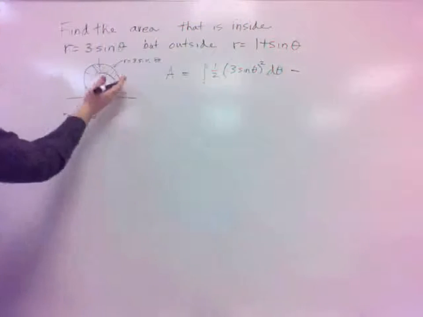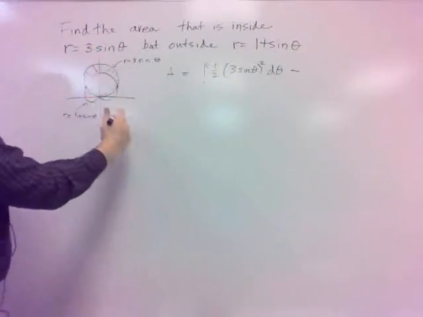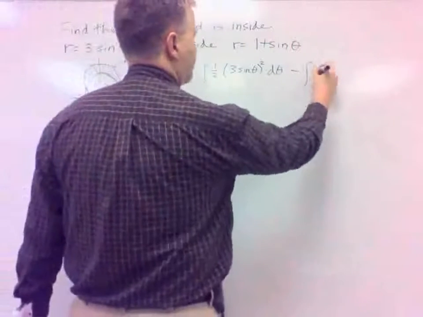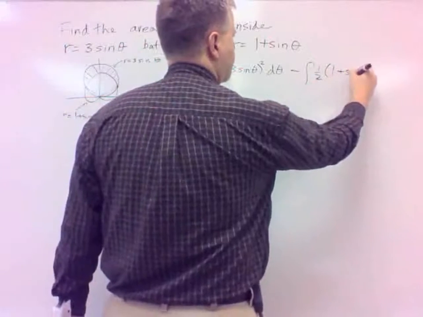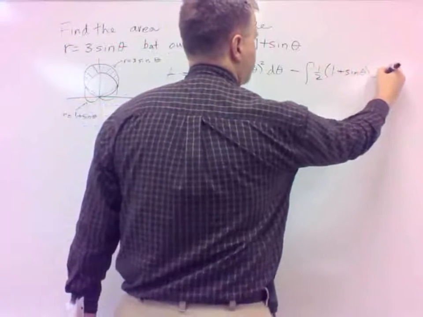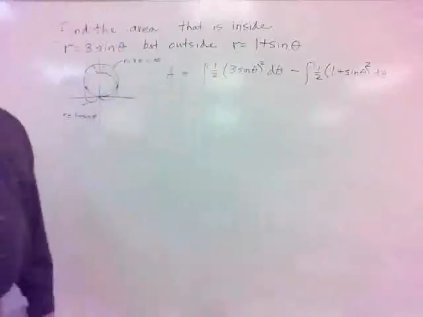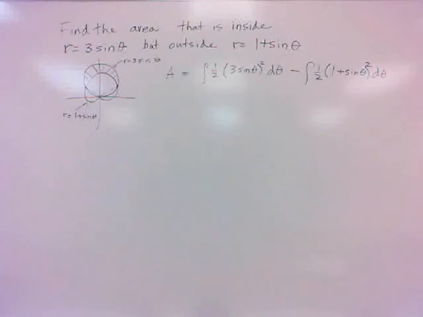So if I take that area of that part and then subtract the area of the other one, it's 1/2 r squared d theta. Wouldn't that get me that particular area?